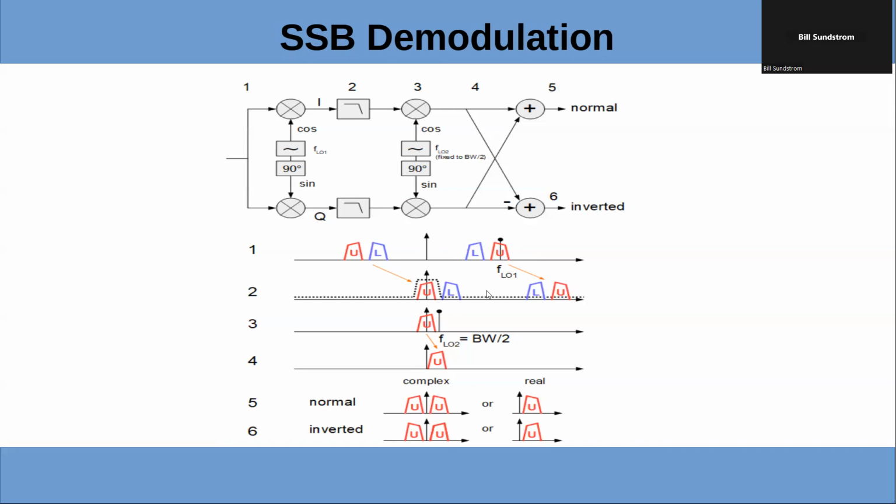When we do all that combining, we get rid of the lower, and when you put in the beat frequency oscillator, you offset it back to where it should be frequency wise.